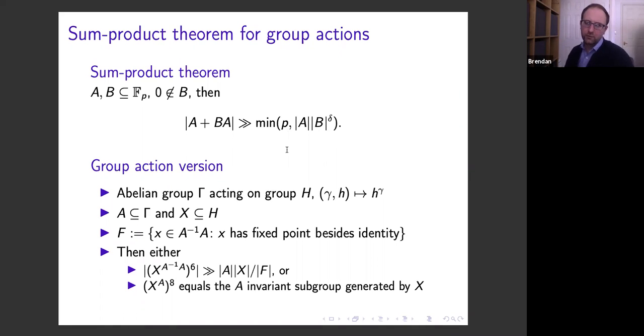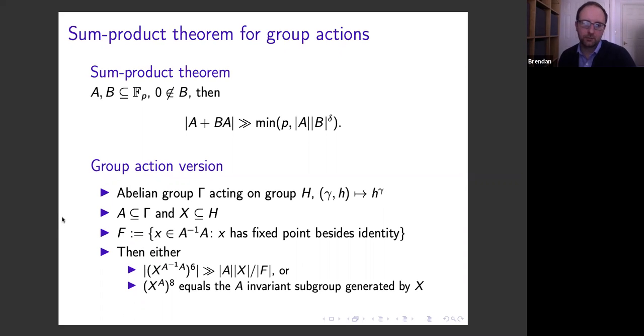And so for the group action version of this, you should think of the multiplicative group of Fp acting on Fp by multiplication. So the multiplicative group is replaced by just some abelian group acting on another group, and we'll write this by exponentiation.